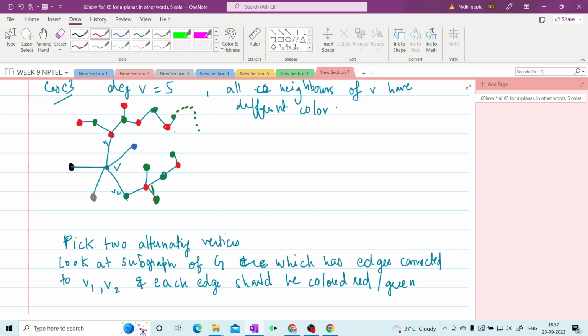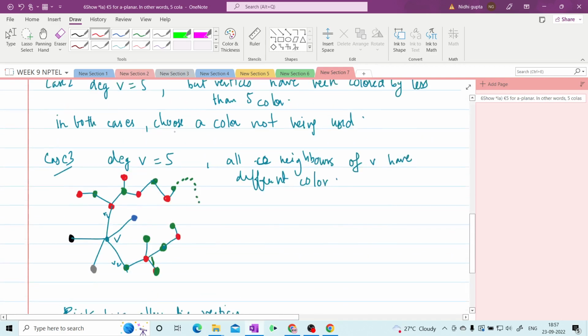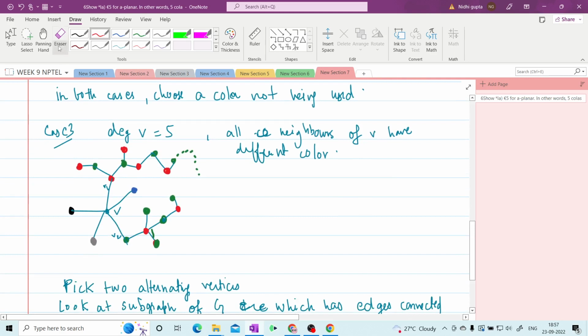So now here also two things can happen. These two branches can be connected by some edge, or in the other case they are not connected by an edge. So the first case is that there is no connection.